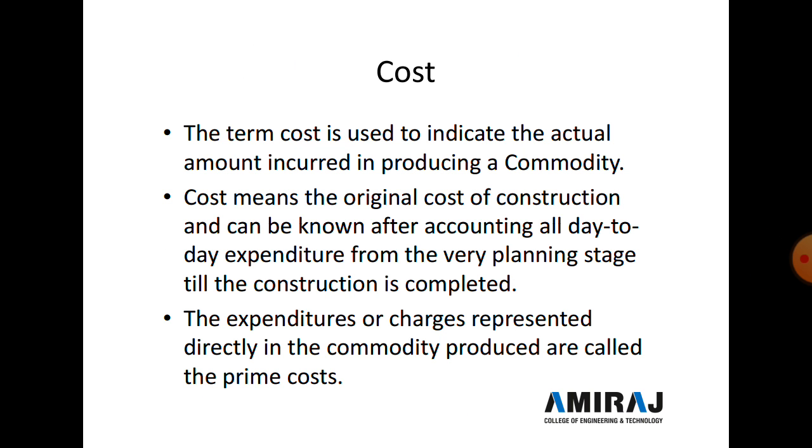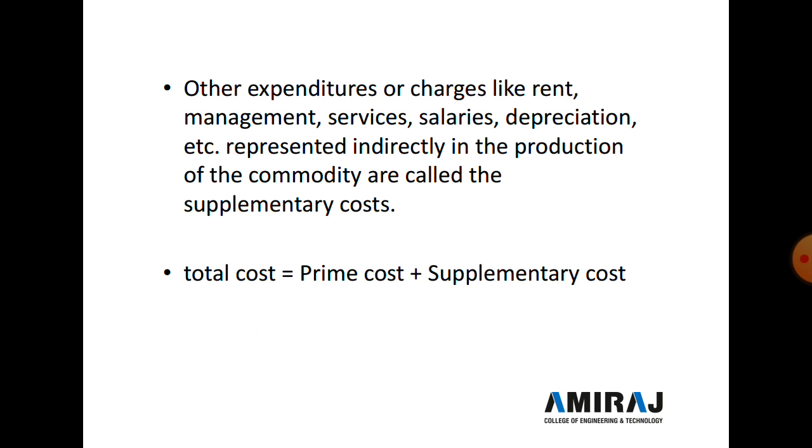The expenditure or charges represented directly in the commodity produced are called the prime cost, and other charges like rent, management, service, salaries, depreciation, etc., represented indirectly in the production of the commodity are called supplementary cost.